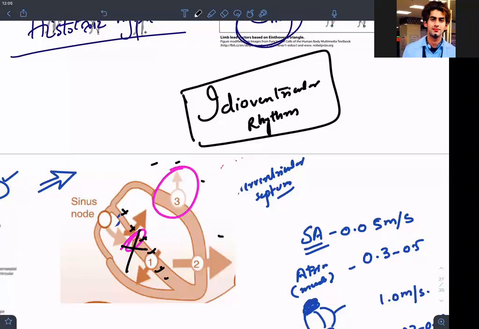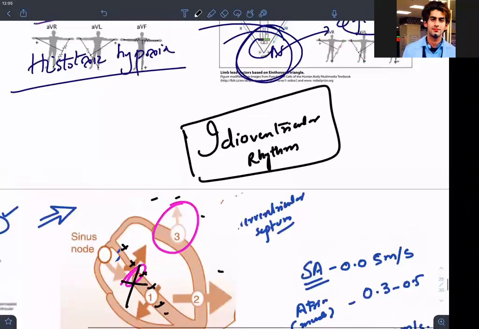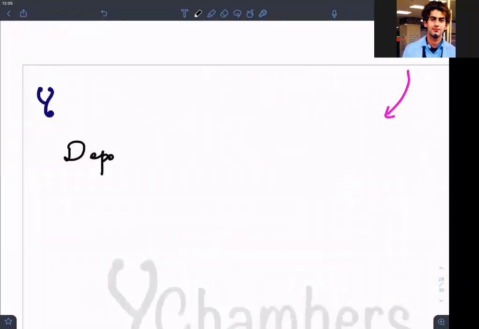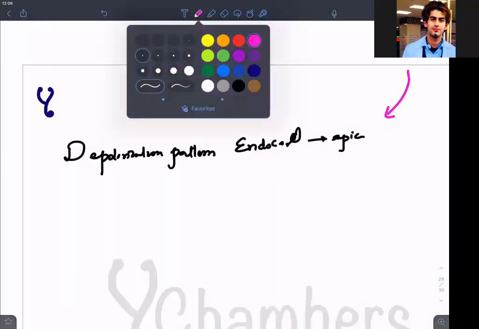So answer is that, listen, understand this fact. The depolarization pattern was from endocardium to epicardium, that is from inside to outside you were coming. But this principle gets reversed in repolarization.